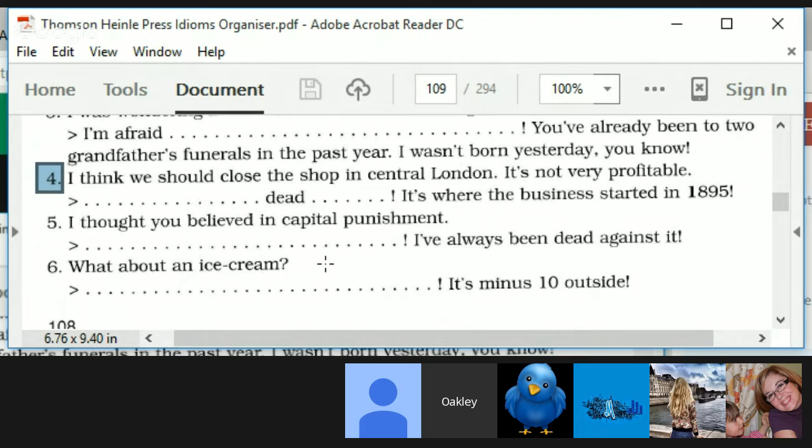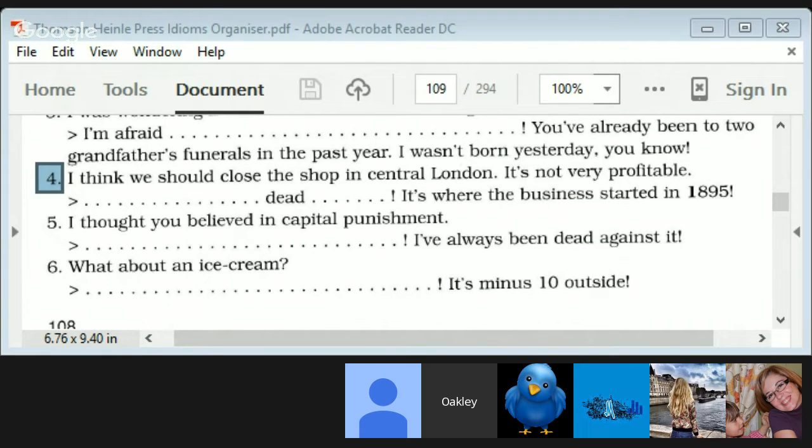Kind of related. I just thought of another idiomatic expression. When somebody wants something you have and you disagree, you can say you will have to tear it away from my cold dead corpse, or my cold dead body, whatever.